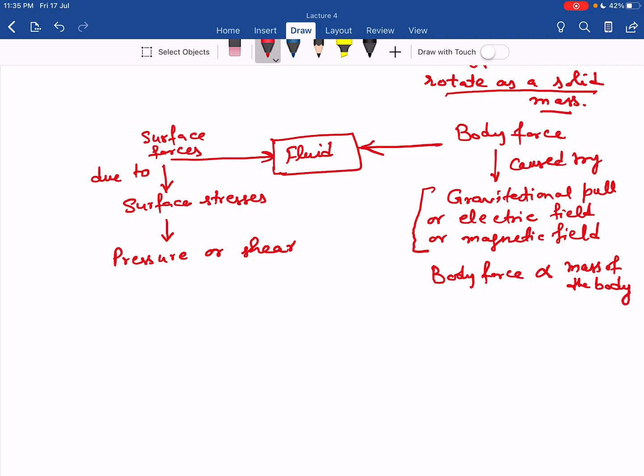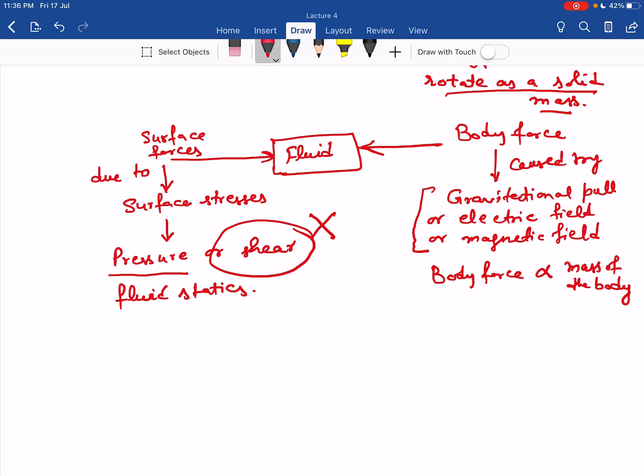So there is no concept of shear. So the surface stresses are only due to pressure in case of fluid statics. So there is no shear, that means there is no relative movement between the fluid particles. So that is the fluid at rest. So then the surface force is only due to pressure.